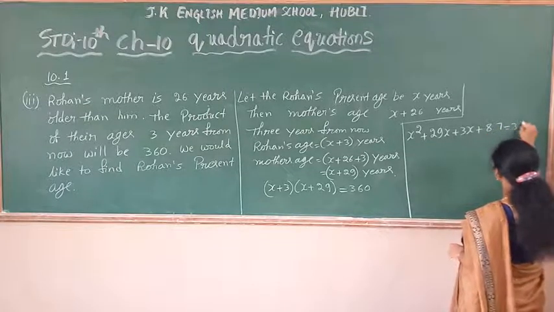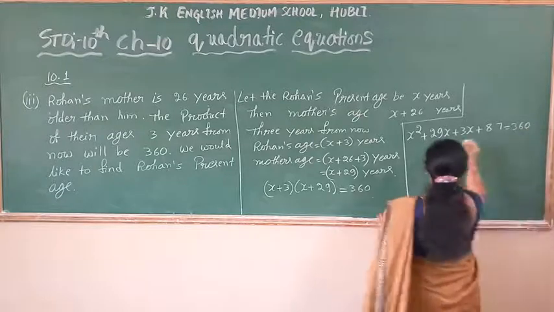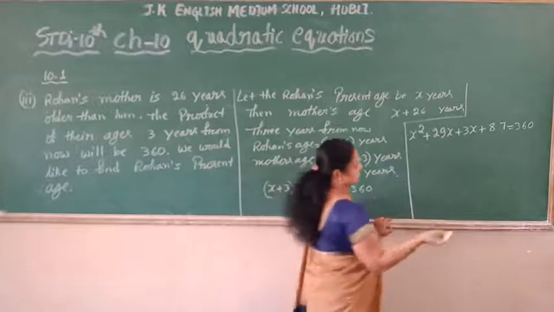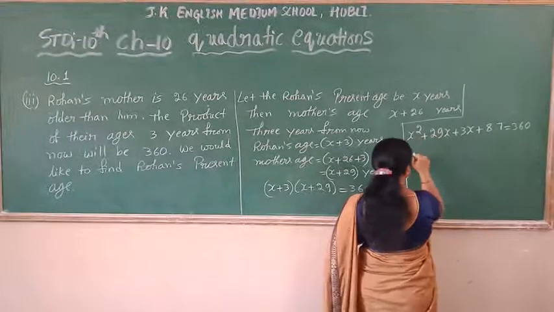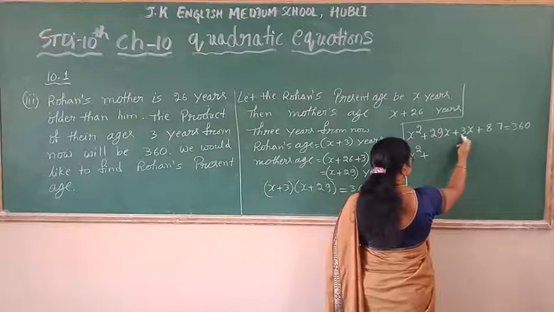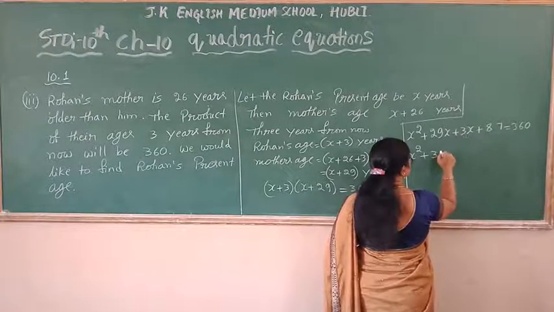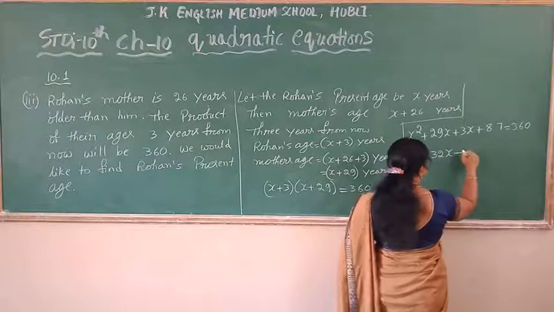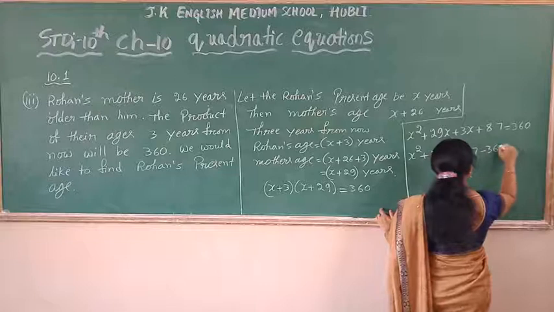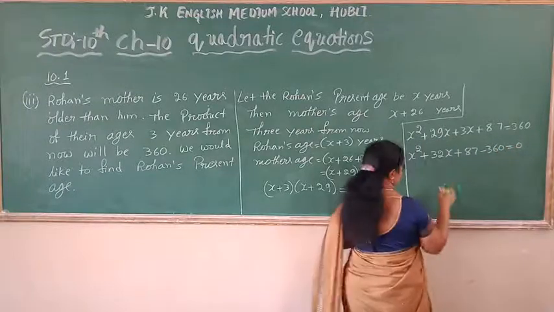This is equal to 360. Now the like terms: the power 2 term, the power 1 terms and the constant. The power 2 term is only 1, and the power 1 terms are 29x plus 3x, 32x, plus 87. Take 360 to this side: minus 360 is equal to 0.